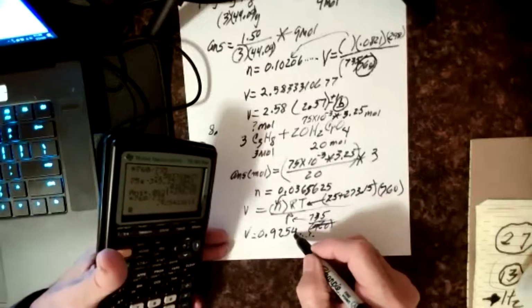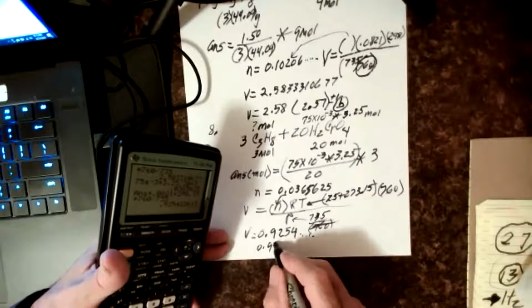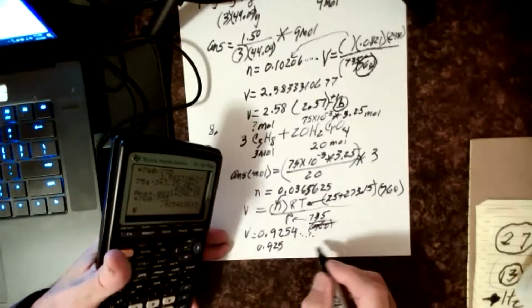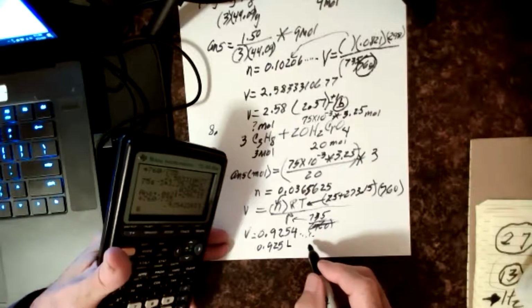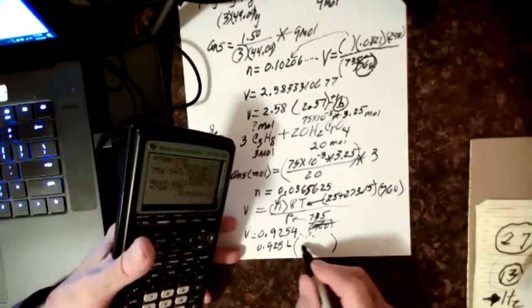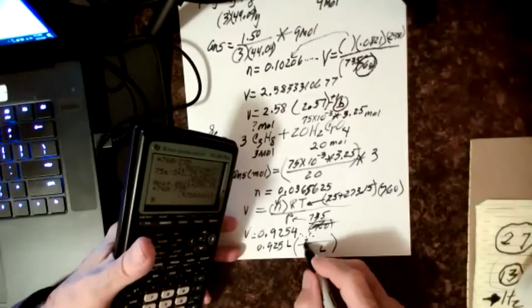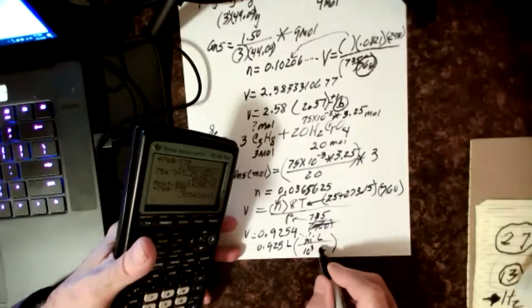But the next digit is less than 5, so it's 0.925. What's the volume unit? That's right, it's liters. I'm looking at my answers, they're all in milliliters. So I need to convert from liters to milliliters. Milli is 10 to the negative 3.